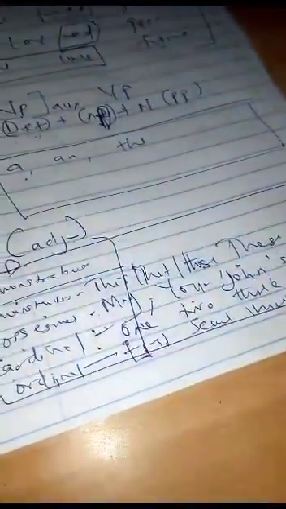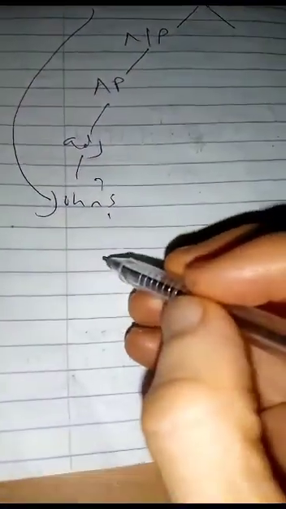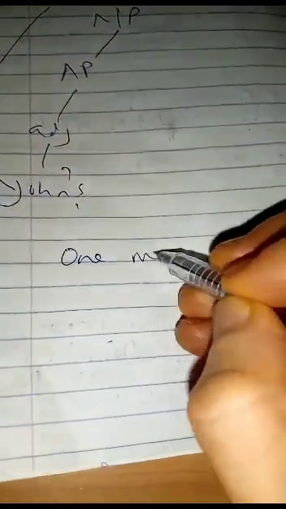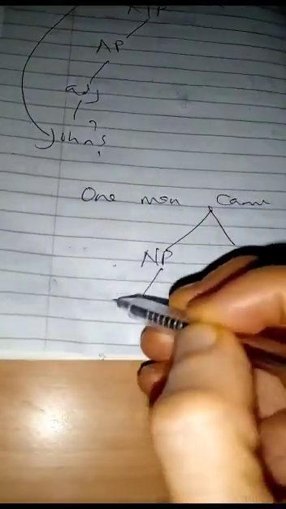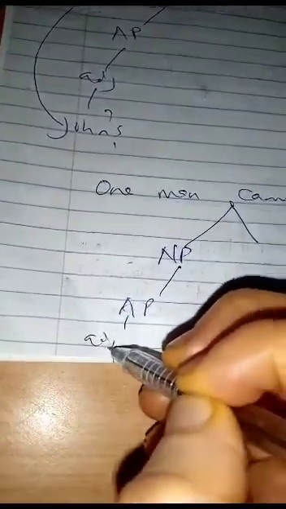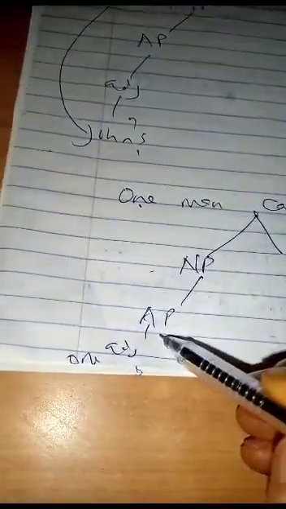Then for the ordinal, we have first, second, third, fourth, fifth, etc. It then means that if in a sentence you see something like one man came looking, definitely I know it's an NP under which I have my AP and I have my ADJ and I have one, because one is an adjective, namely a cardinal adjective.